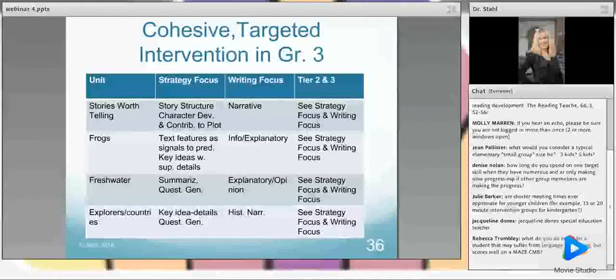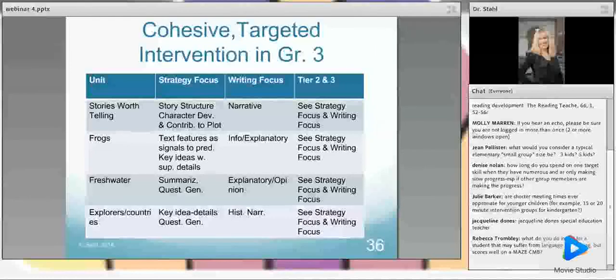And so their units in Tier 1 were Stories Worth Telling, Frogs, Freshwater, and Explorers in Different Countries. So they used a mix of the expeditionary units as well as units that they had been using for their New York State social studies and science.